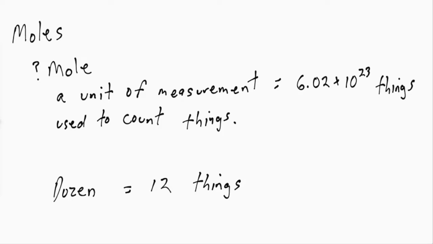Okay, much bigger number. And in the same way, you can use it to measure many different things. Now, normally we use it to measure molecules or atoms or protons or electrons, very small things.